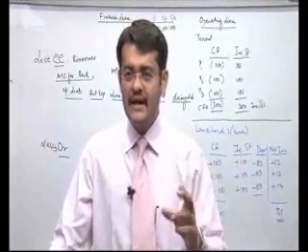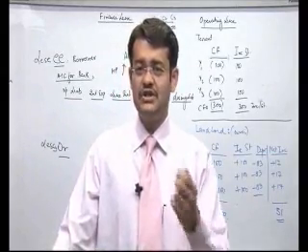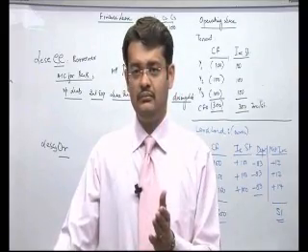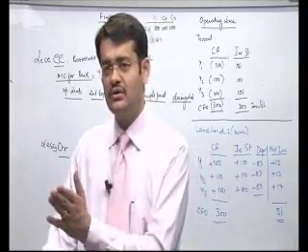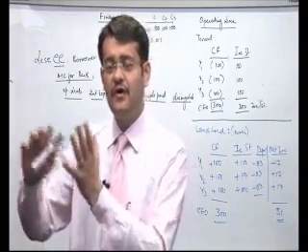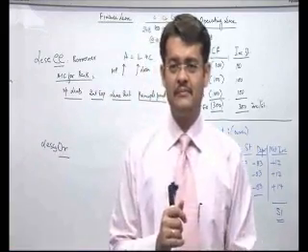Okay, so under capital lease, the assumption is that the lessee, the user, is the deemed owner. So forget about the legality of it, forget about the form of it, look at the substance.